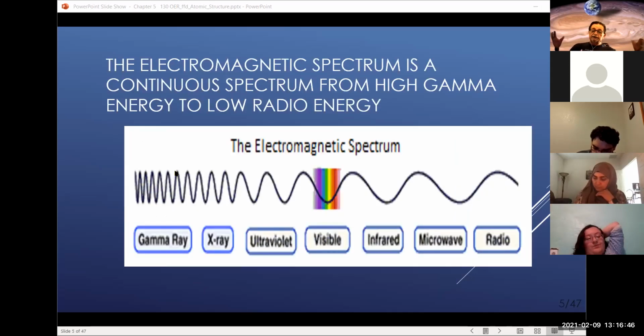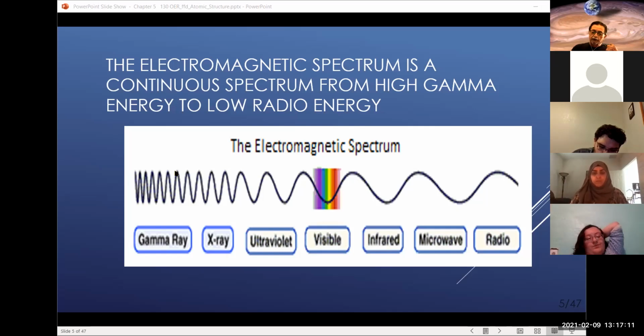So what we have is what is called the electromagnetic spectrum. On the left-hand side, we have gamma rays, very powerful, high energy electromagnetic radiation. On the far right, we have the radio waves, not very powerful with respect to energy, but humongous with respect to wavelengths.